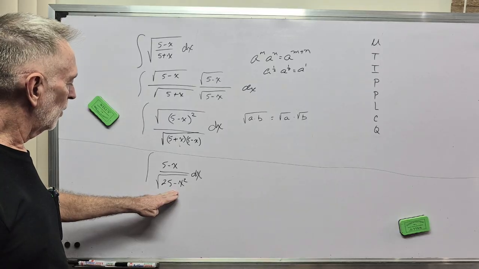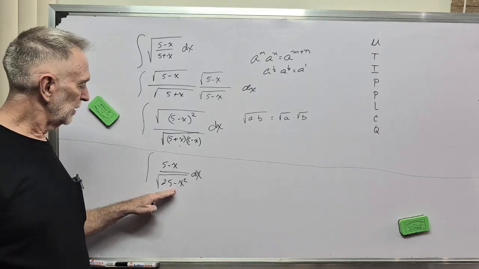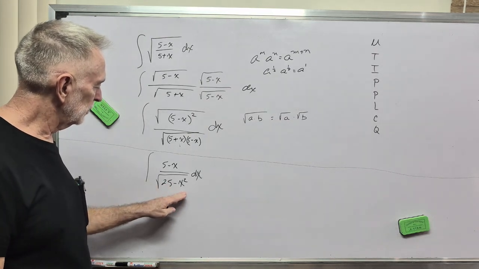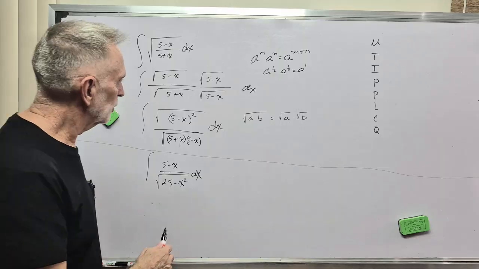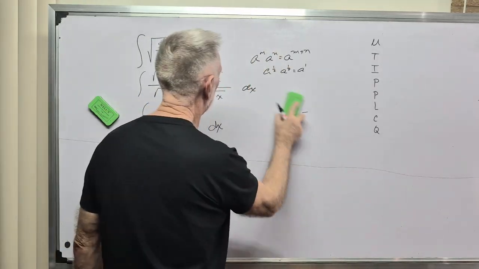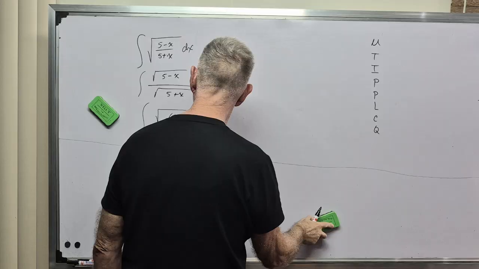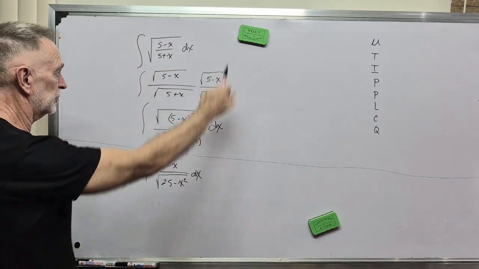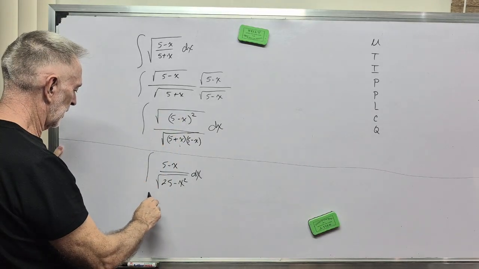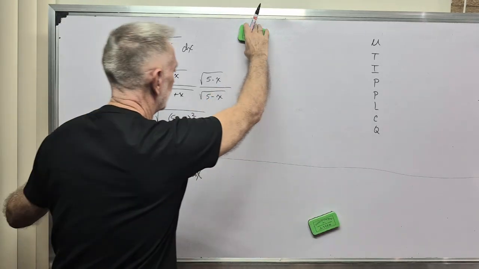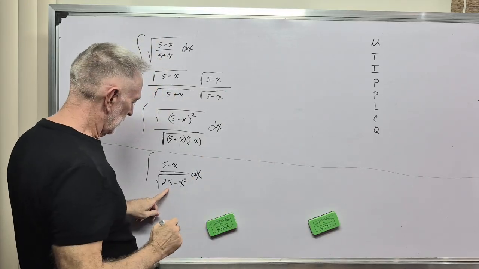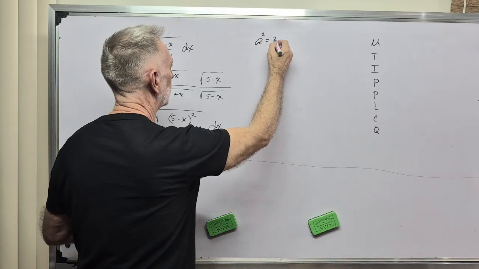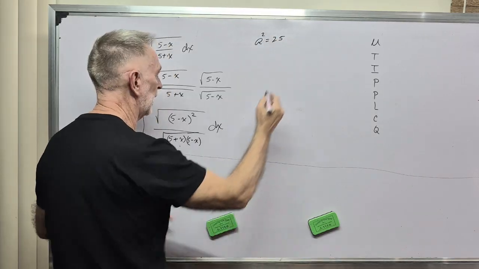Now then, what does this look like? This looks like a sine function, 1 minus sine squared. Let's let this term be a squared, so a squared equals 25, which means a equals 5.